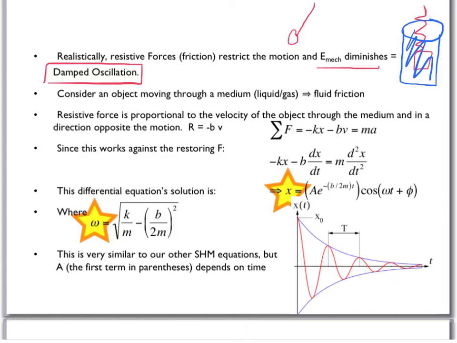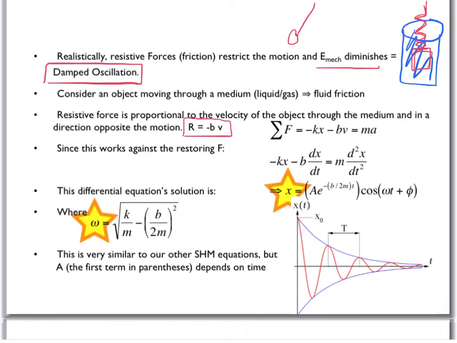Now consider an object moving through a medium. Maybe it is this block on a spring that's moving through a glass of water. There's going to be some sort of fluid friction involved there. And we've already studied resistive forces. We know that the resistive force is proportional to the velocity of the object through that medium and in a direction opposite the motion. We know that R is equal to negative bv.